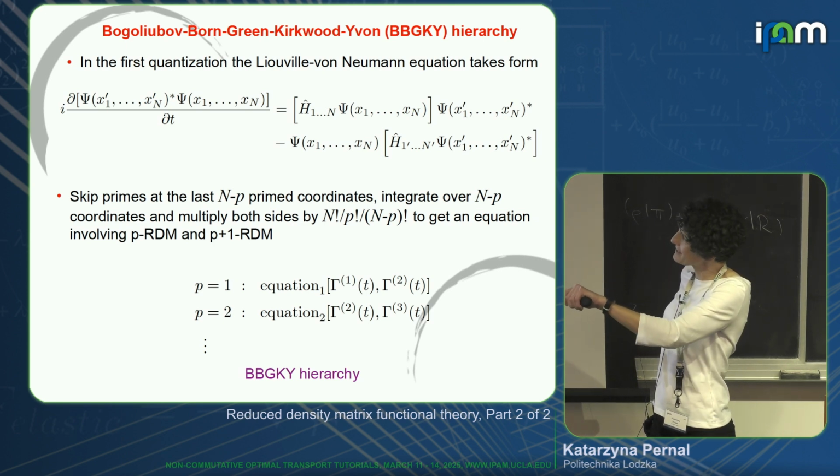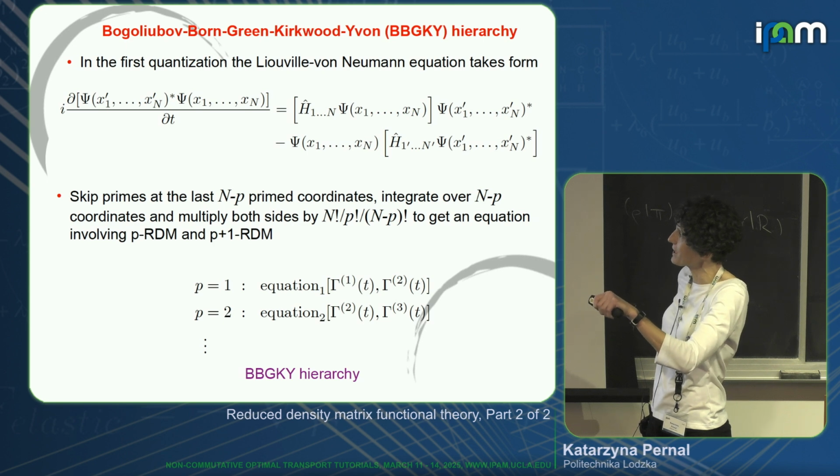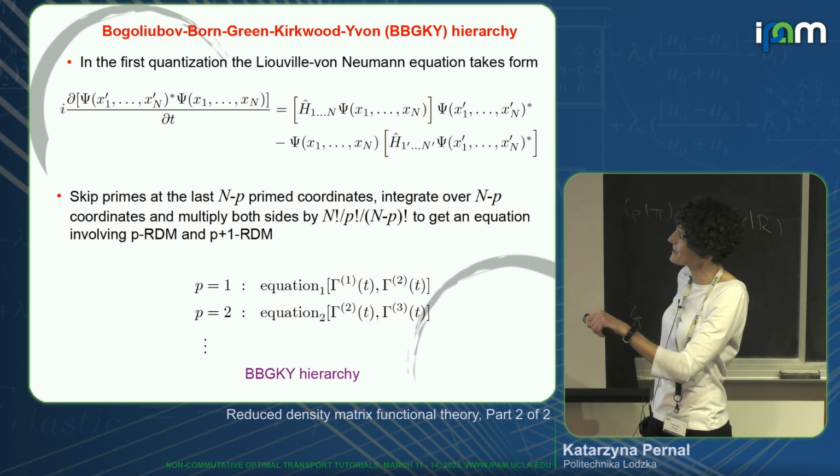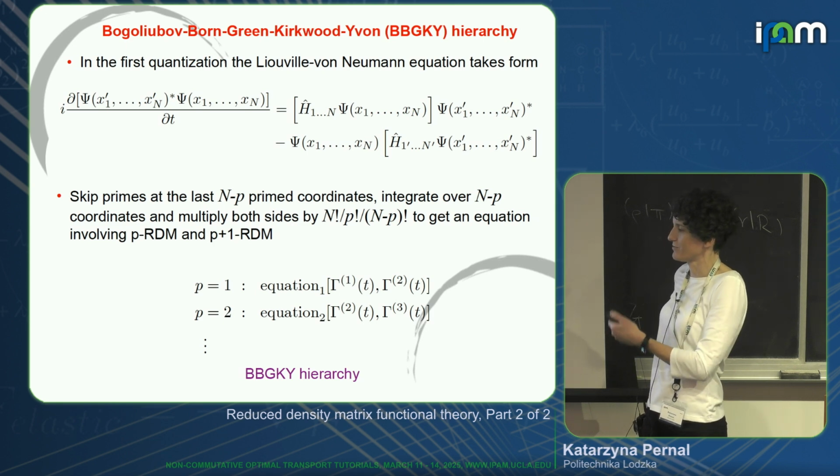But now let's do the following. Let's skip the primes, right, at n minus p coordinates. Okay, we set them equal to unprimed coordinates. And we integrate both sides of this equation with respect to n minus p coordinates and multiply by this factor.